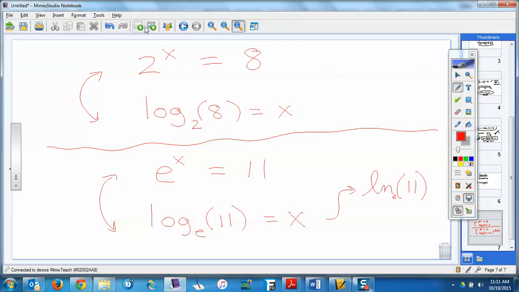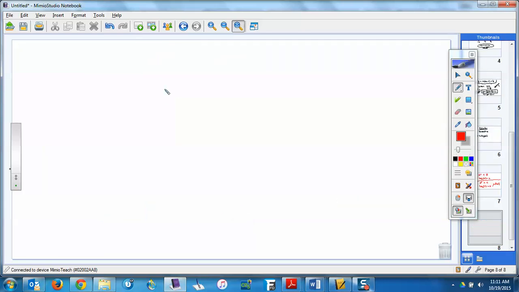Now, that converting back and forth is important. The other thing I want to talk to you about then is solving an equation. I want you to be able to do it without a calculator, although some of these IXL problems may want you to type something into a calculator, possibly. So let's say we had the problem e raised to the x equals 13.